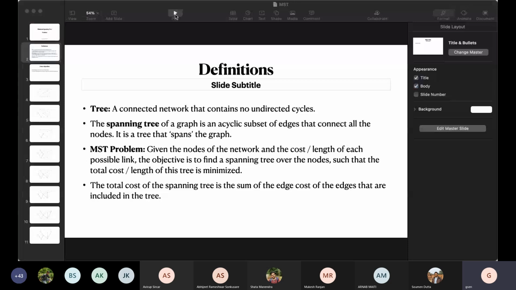Let me finish. I'm talking about the shortest path now. For example, when you look at on-demand cab services like Uber and Ola, the moment the demand comes, it is booked.